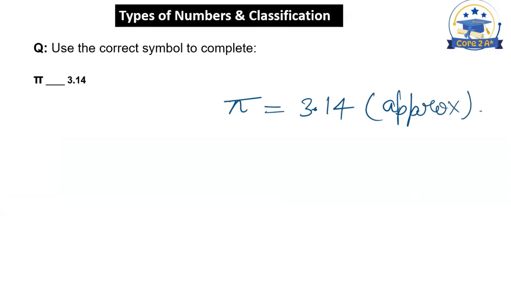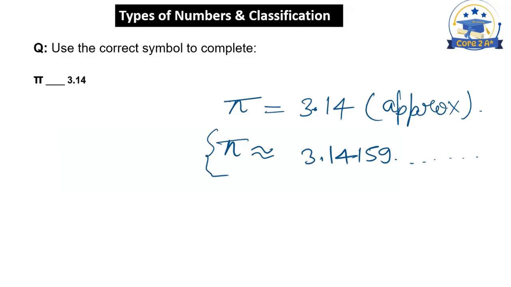This is only an approximate value. It is not exact. So what is the exact value of pi? This is equal to 3.14159 dot dot dot. It's a non-repeating, non-terminating number.